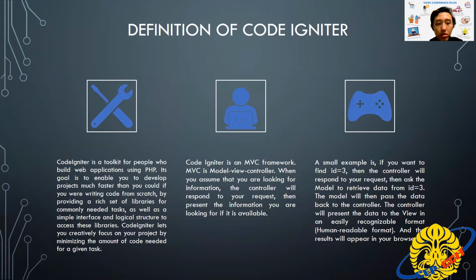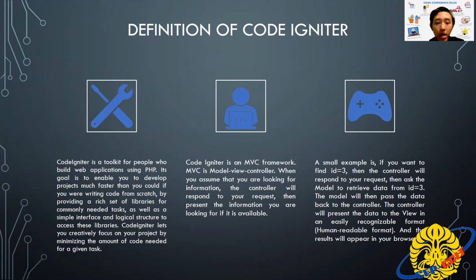Its goal is to enable you to develop projects much faster than you could if you were writing code from scratch, by providing a rich set of libraries for commonly needed tasks, as well as a simple interface and logical structure to access these libraries. CodeIgniter lets you greatly focus on your project by minimizing the amount of code needed for a given task.